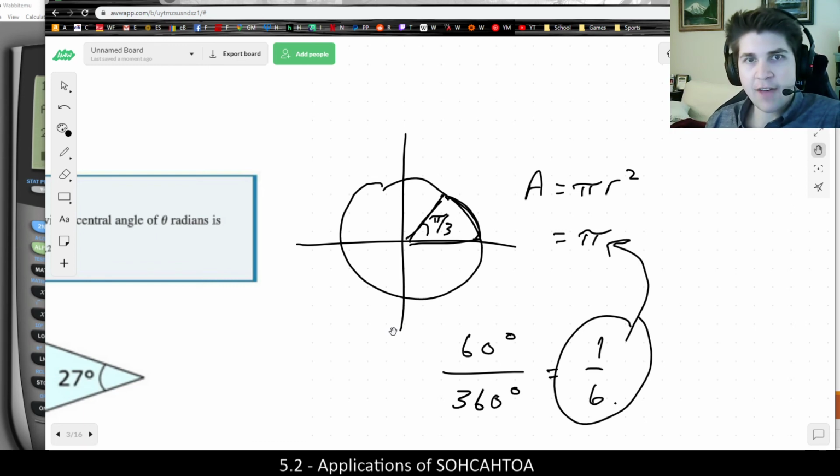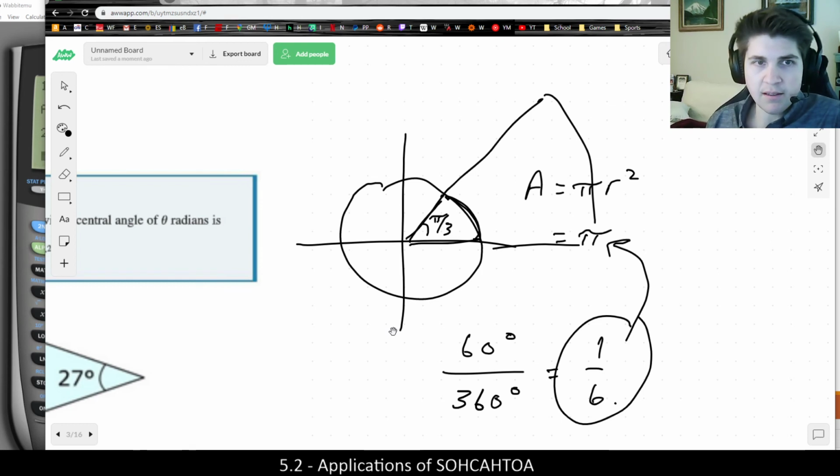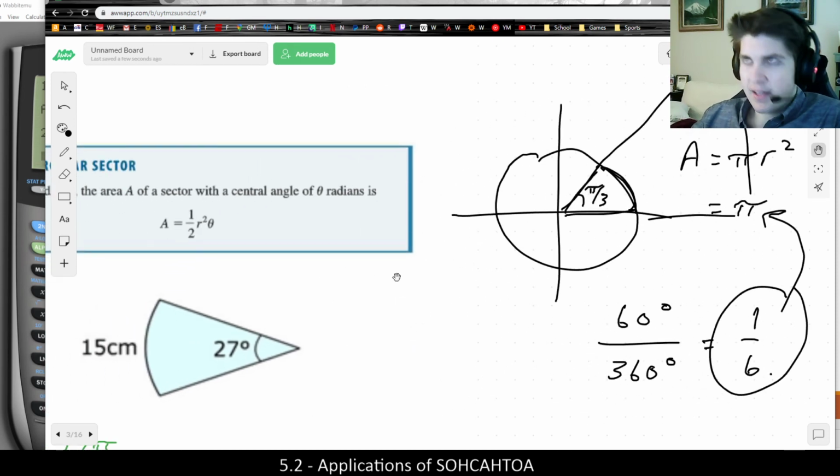And then again, if I have a larger radius, it would just magnify that area by a factor of that multiplier. But if I were to imagine an entire circle, the entire circle would have a radian value of 2 pi. And if I was to plug that in, notice that this makes sense.